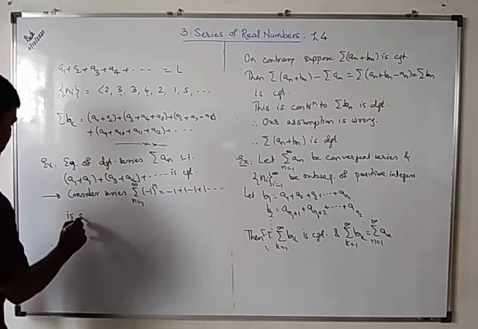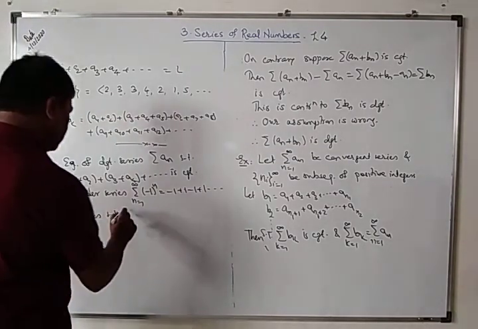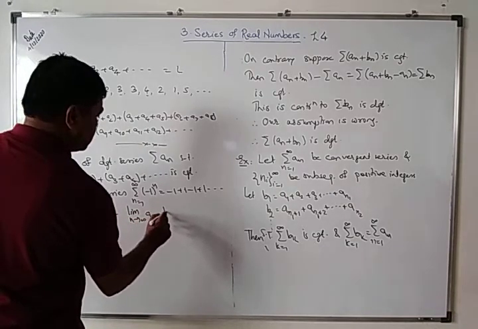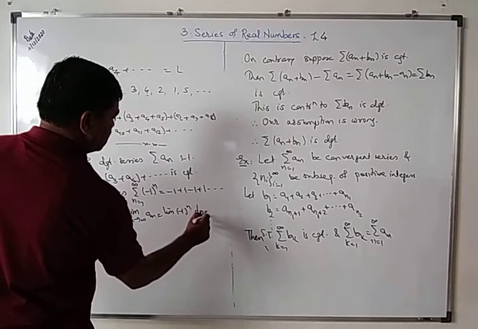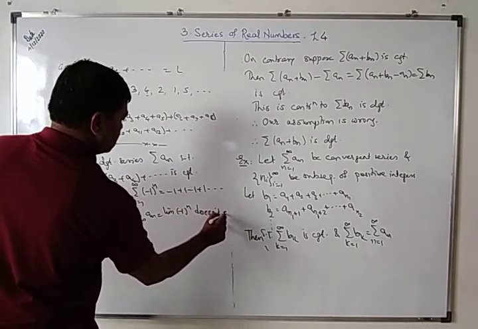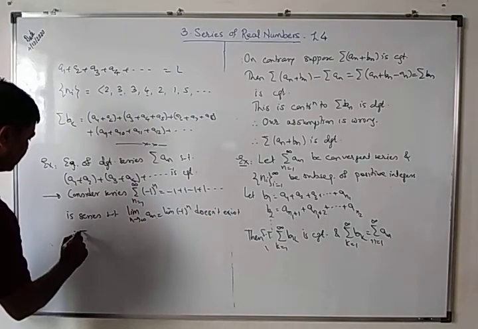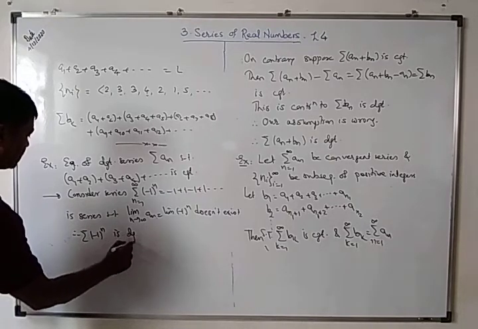Here limit as n tends to infinity of an, which is limit of minus 1 raised to n, doesn't exist. Therefore, summation of minus 1 raised to n is a divergent series.